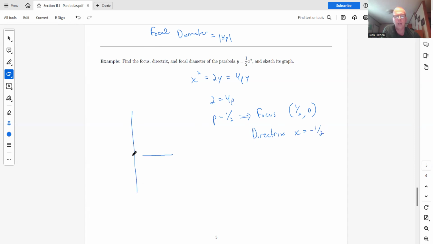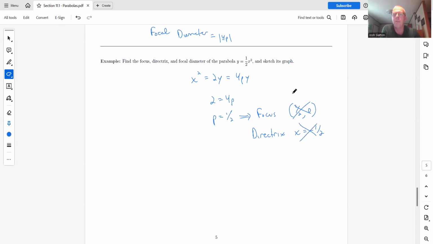And so let's sketch the graph. Directrix negative 1/2. We'll put arrows here to indicate this is the y-axis. Vertex, and then x squared equals 2y. So if we let y equal 2, then x squared equals 4, so x is plus or minus 2. Let's go back.